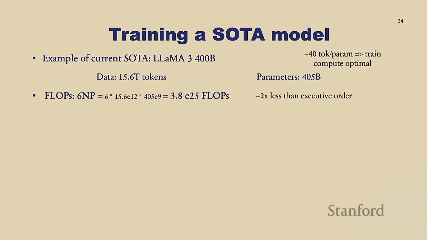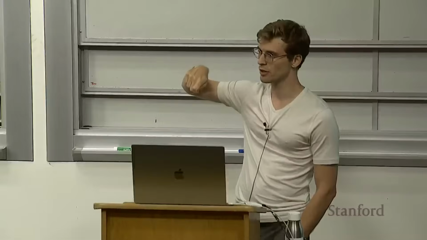So they went 2x less than that. They really went right below this to not have special scrutiny. I might be off by a little bit, but it's definitely under 1E26. So P is parameters, N is data, number of tokens. This is just an approximation.